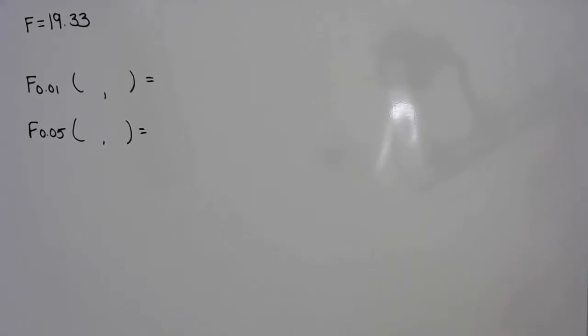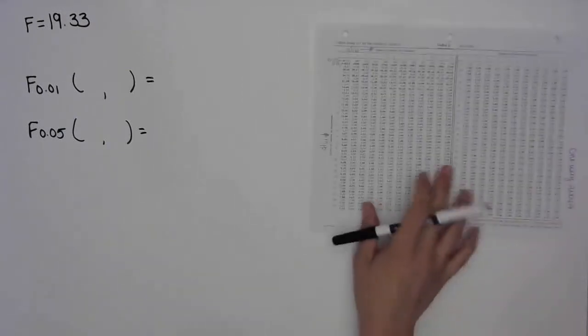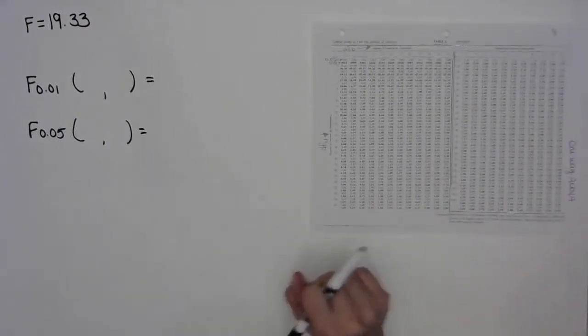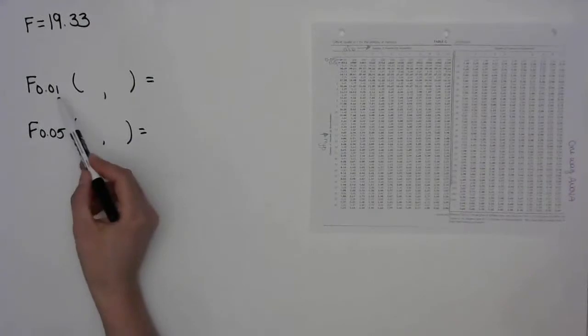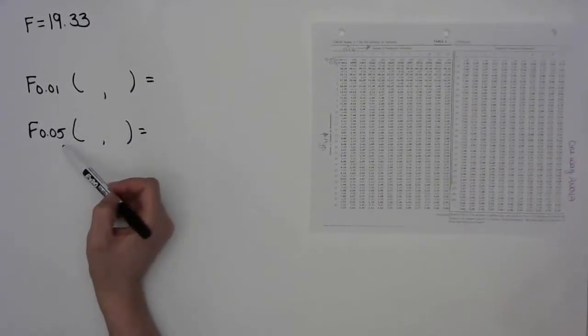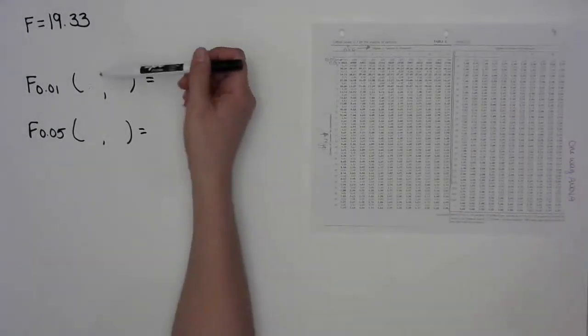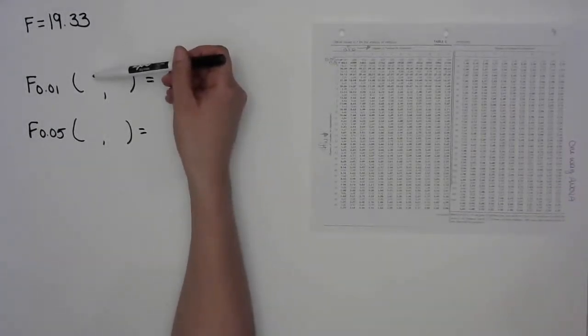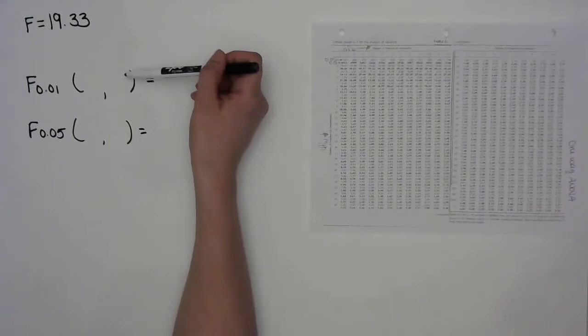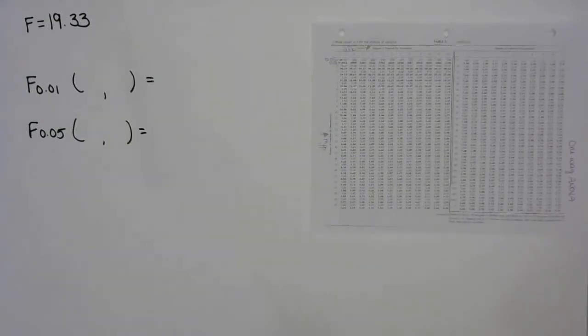Now that we have our final calculated F value, let's go ahead and see if we are going to accept or reject H0. So you are going to need your table. This is table G. For your 0.01 and 0.05 values, there's actually two numbers that go in there. Your degrees of freedom between is going to go here, and your degrees of freedom within is going to go here.